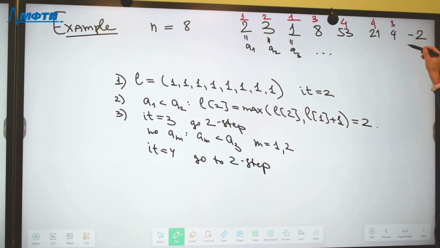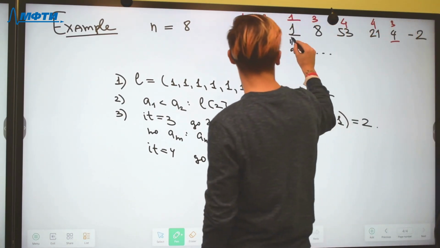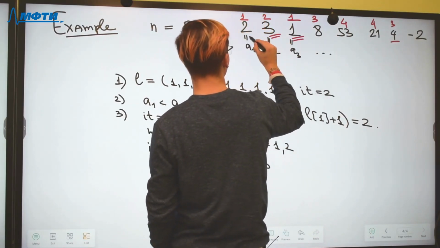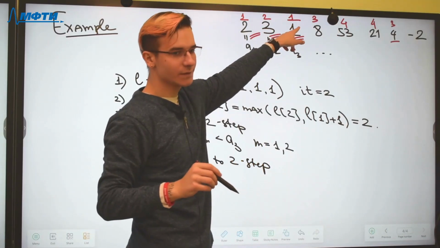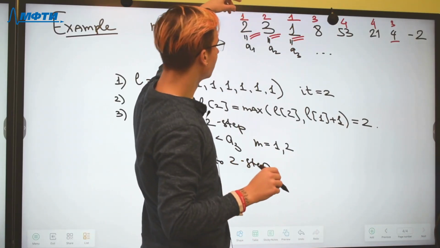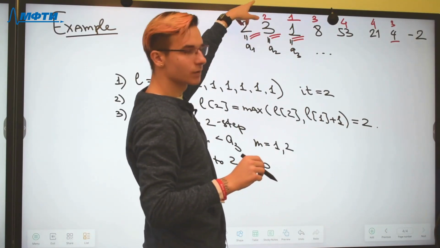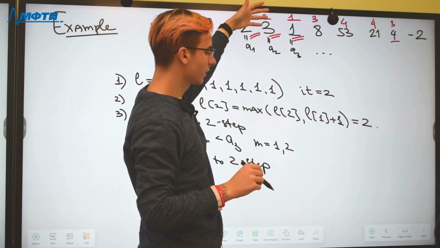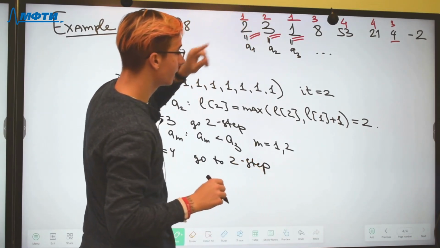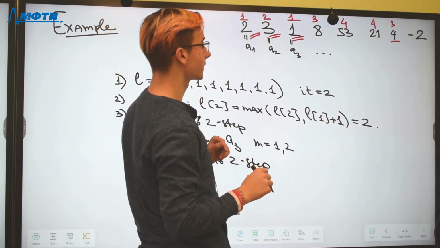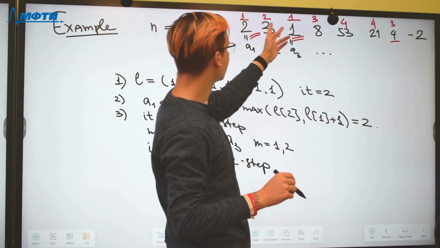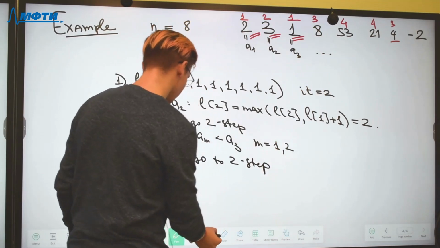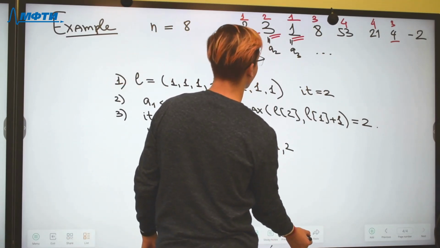Because 4 is bigger than this number and this number, we compare these numbers, find the maximum, which is 2, and the length of the subsequence ending with this number is 2 plus 1.